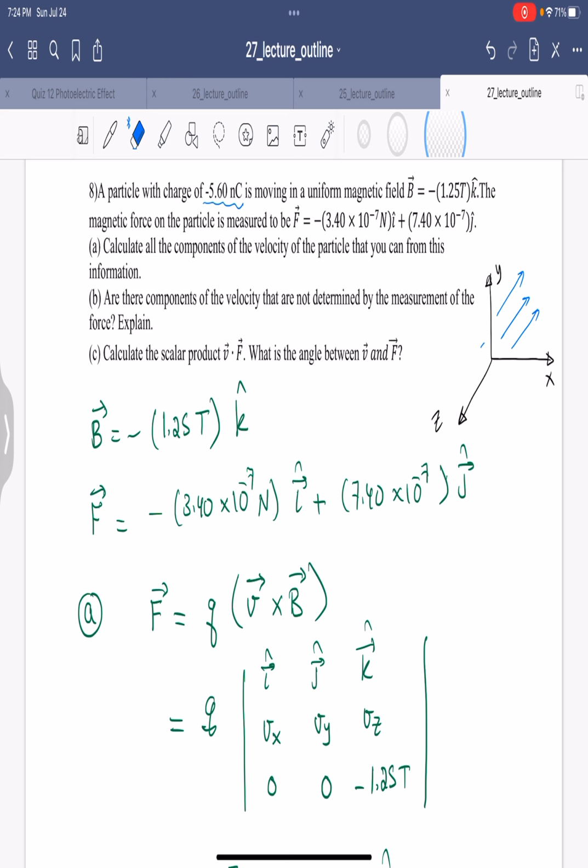And then the force itself, let me represent these. It's going to be much easier if I do this.